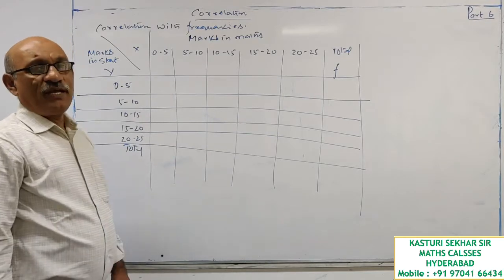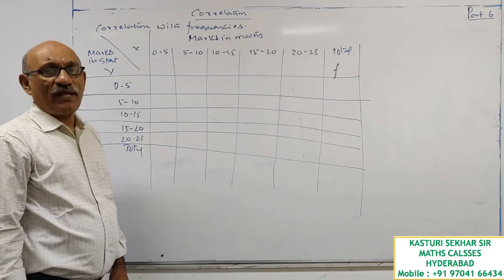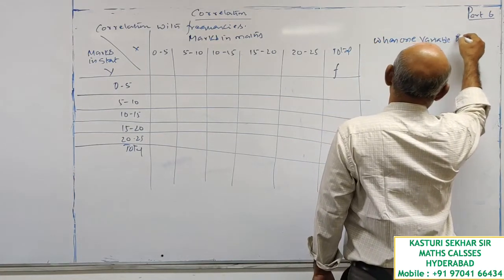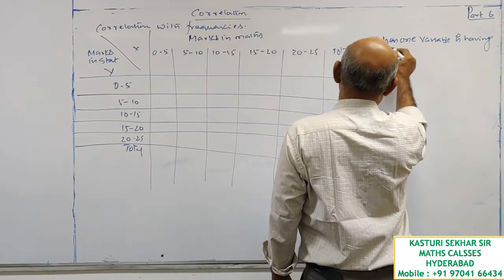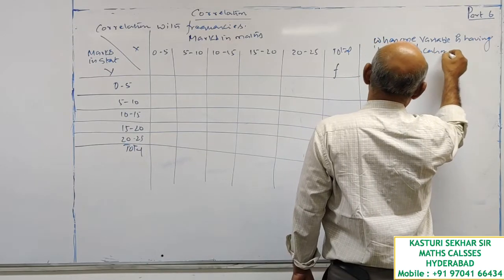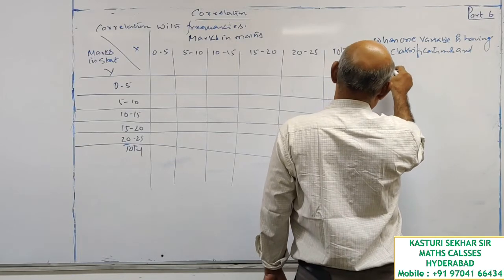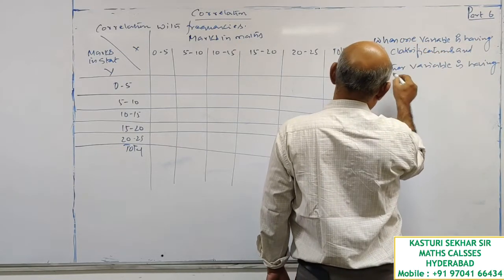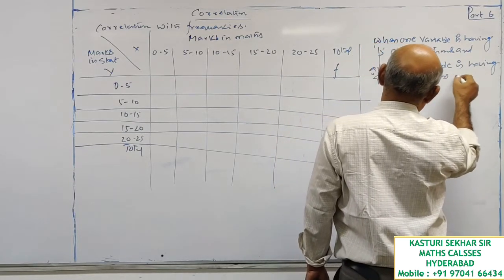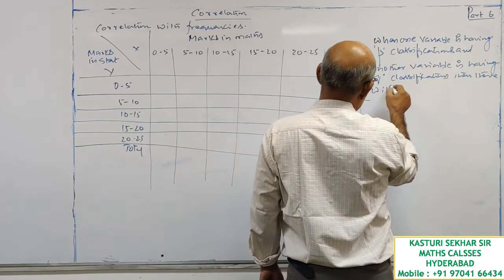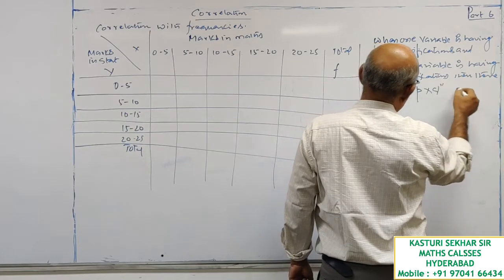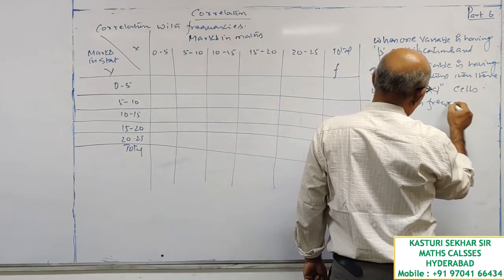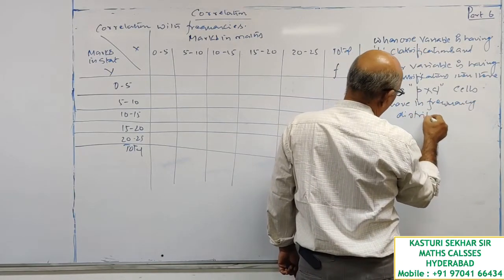Now, when one variable is having p classifications and another variable is having q classifications, then there will be p into q cells we have in the frequency distribution.